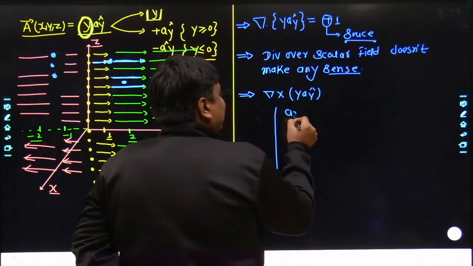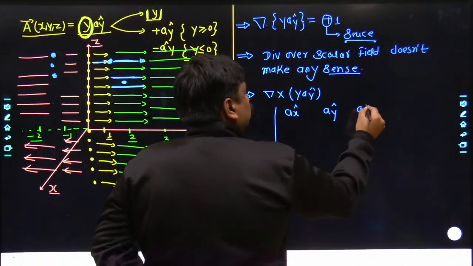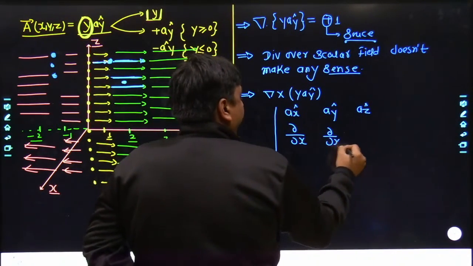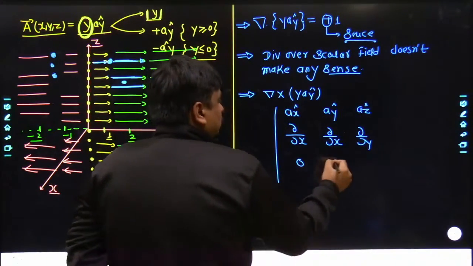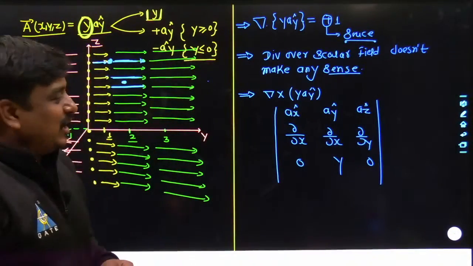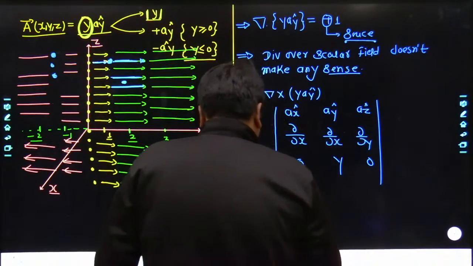So here it is going to be ax cap, ay cap, az cap, del by del x, and here it goes 0, y, 0. My dear friends, I don't know how far you could understand, but just a minute.